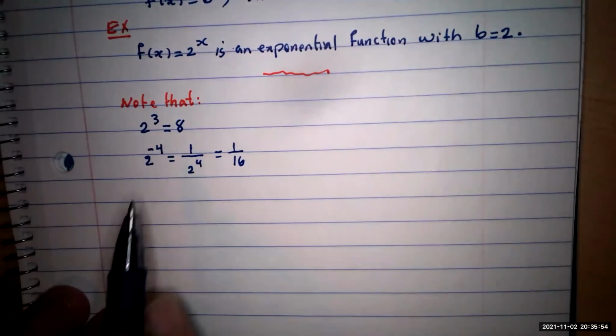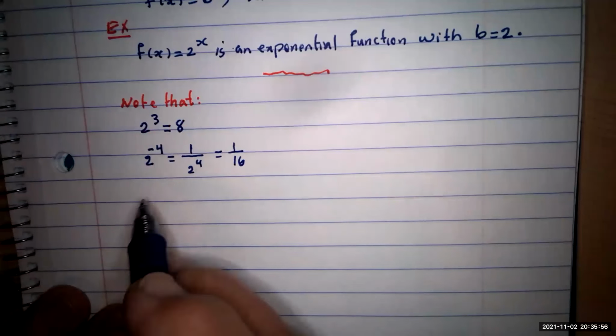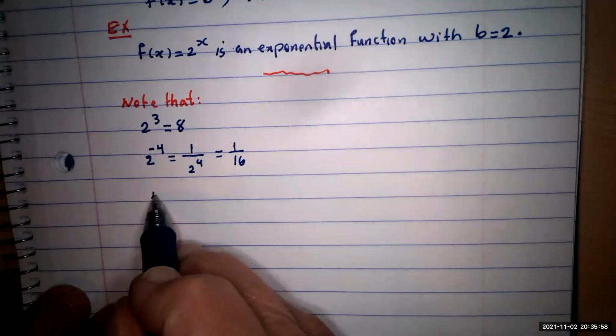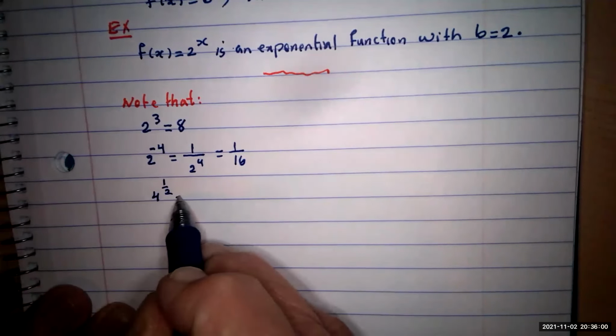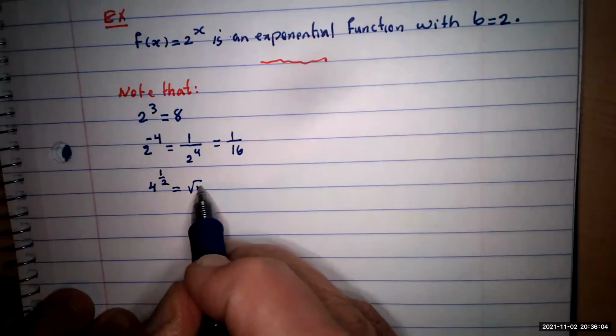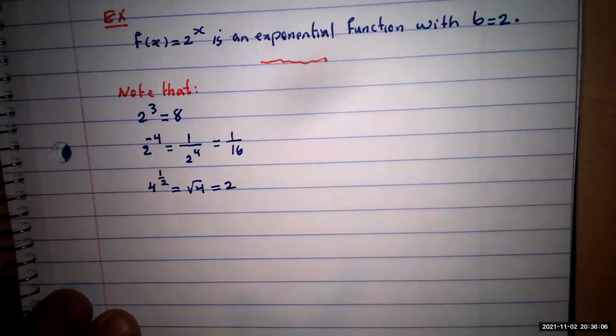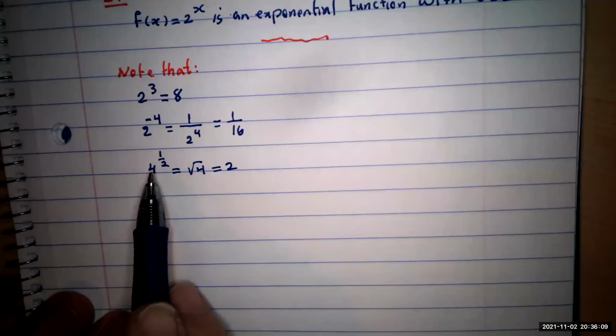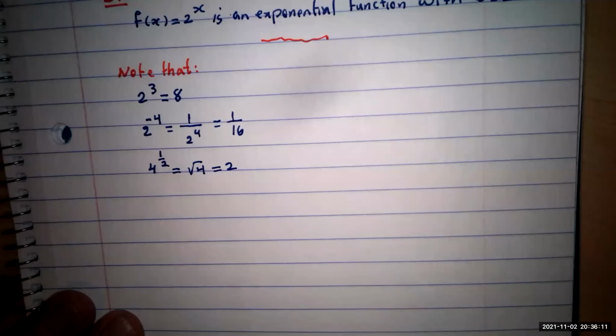So what else? What is going to be 4 to the 1/2? You know that's going to be radical 4. So the radical 4 would be 2. So I can have a positive fraction or rational number.